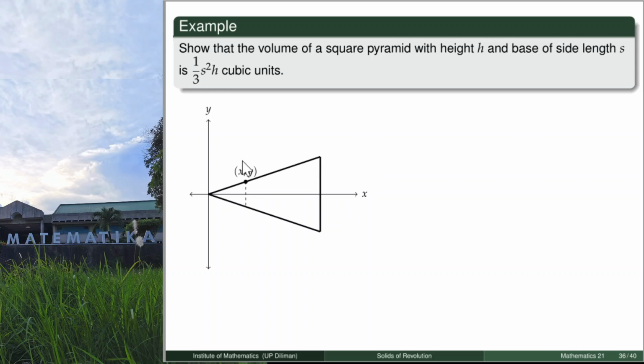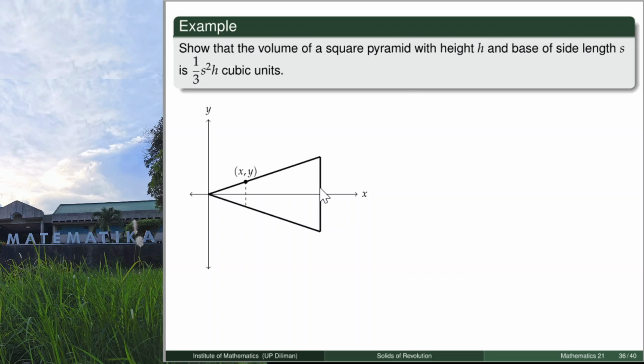Then imagine the pyramid in this triangle. Diba nakahiga yung pyramid ngayon? So ibig sabihin, this is the top of the pyramid, while here, nandito yung base of the pyramid or the bottom of the pyramid. So that means the height of the pyramid is this distance, and it's given by h. Okay? So this is of length h.